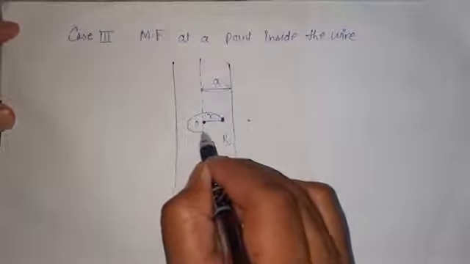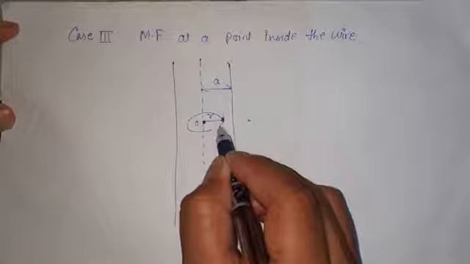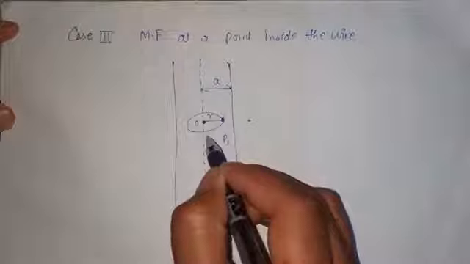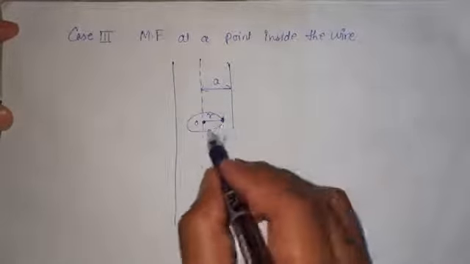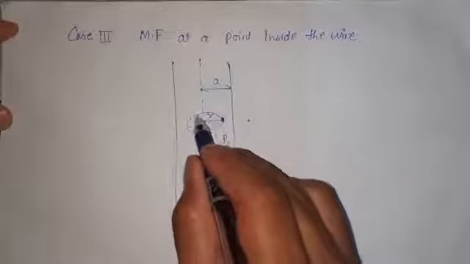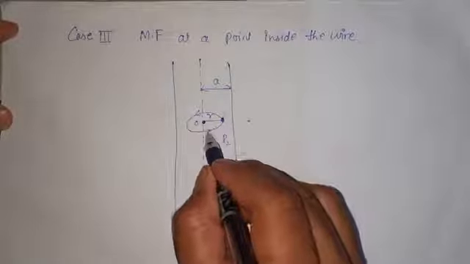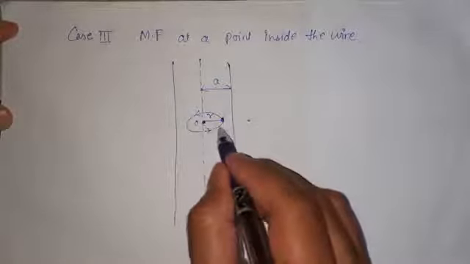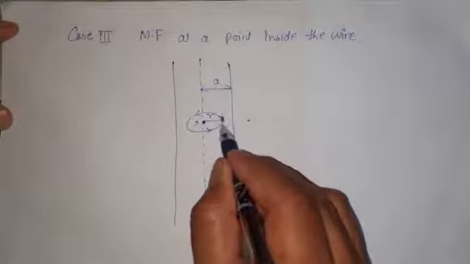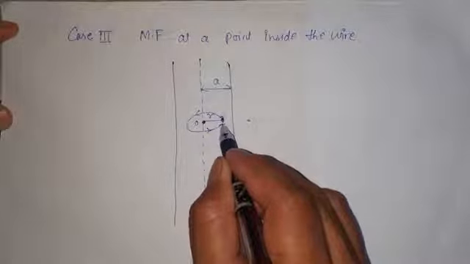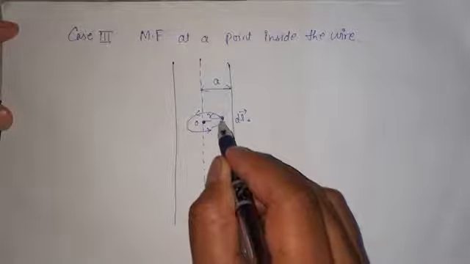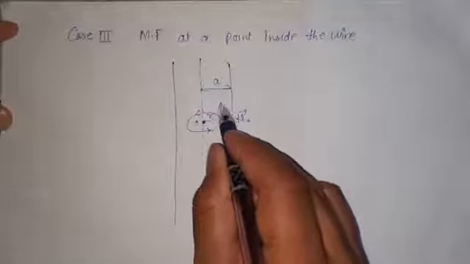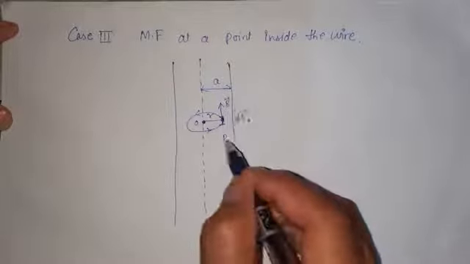So here I have taken this Amperian loop. The direction of the loop I have taken to be anti-clockwise. Over here the small elemental length at this point has the direction of the loop, so it is upward, and the tangent on it gives us the direction of magnetic field.